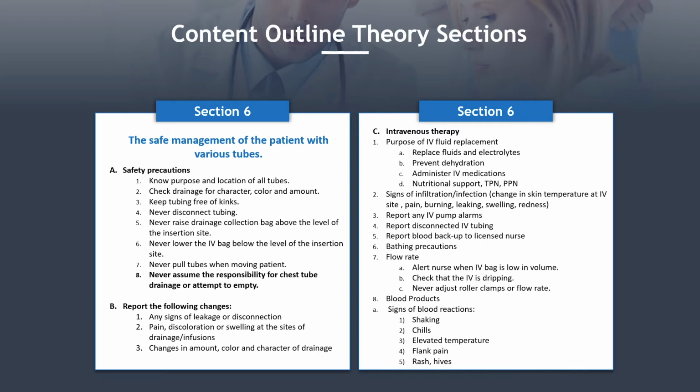Signs of infiltration or infection, such as changes in skin temperature at IV site, pain, burning, leaking, swelling, and redness. Report any IV pump alarms. Report disconnected IV tubing. Report blood backup to a licensed nurse.